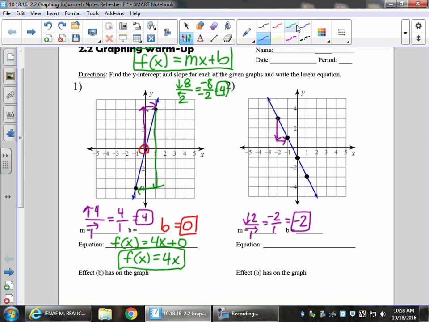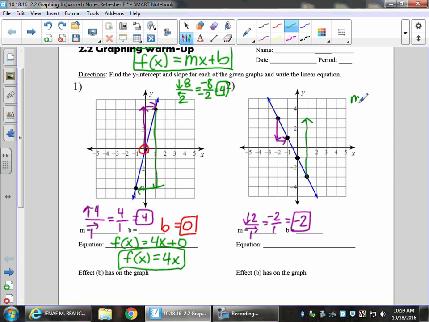What did you do? Where did you start? Give me the ordered pair where you started. You started right here, okay? This one? So 1, negative 3, and then where did you count to? Tell me what you did. Up 1, 2, 3, 4, 5, 6.